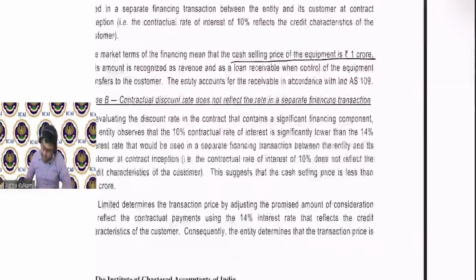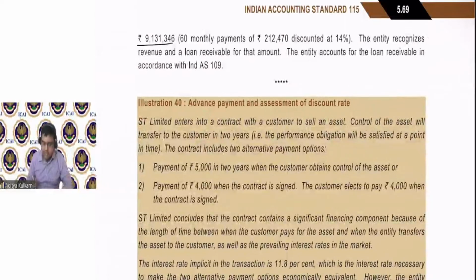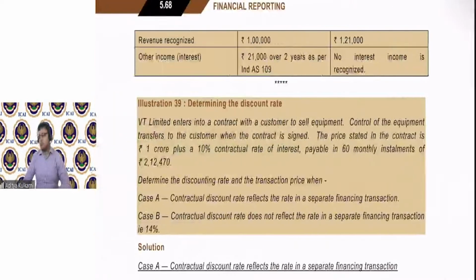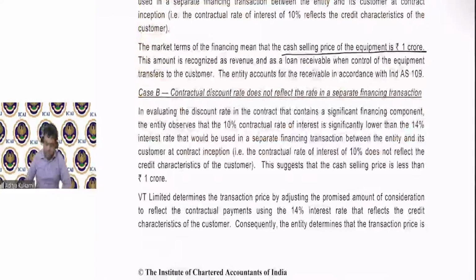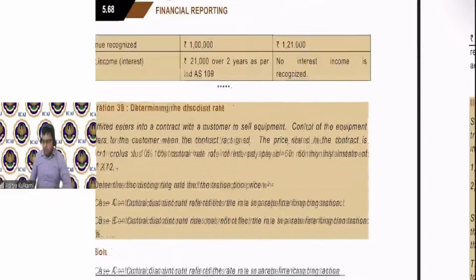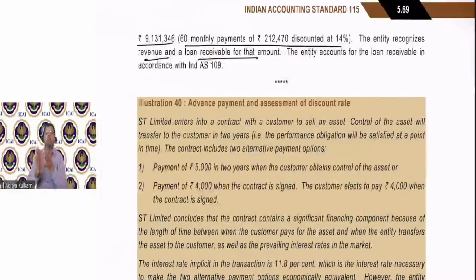In the second case, they are saying that cash selling price is 91,31,346. We have said 327. Difference is on account of rounding off. 60 monthly payments discounted at 14% per annum. Recognizes revenue and a loan receivable for that amount. Entity accounts for the loan receivable in accordance with Ind AS 109. So I want you to go through this question again, and apart from that, please go through all the questions related to significant financing component.